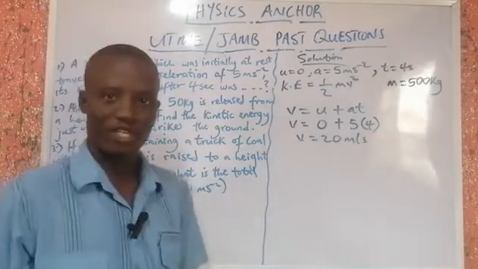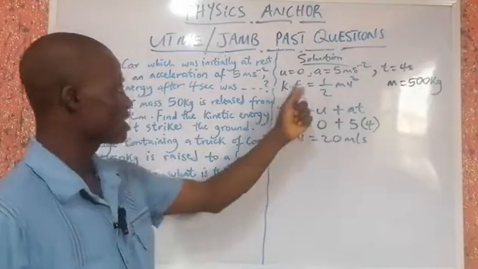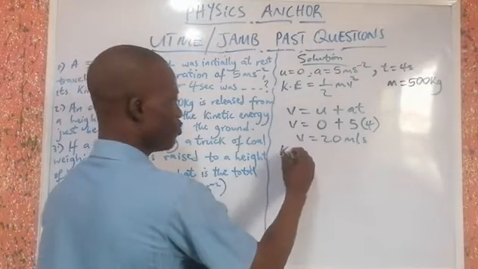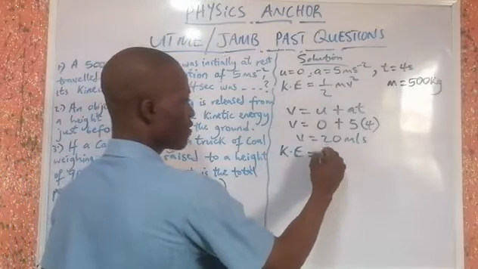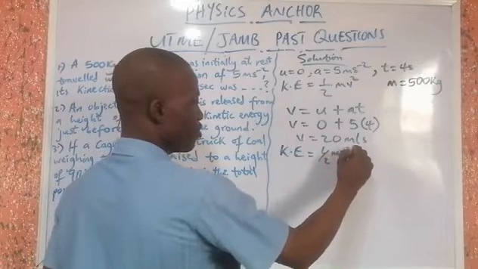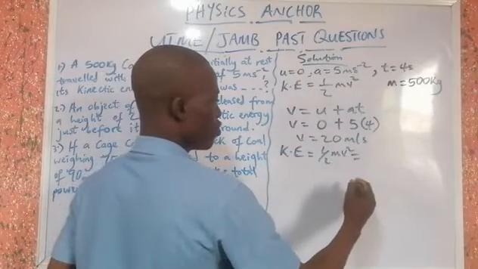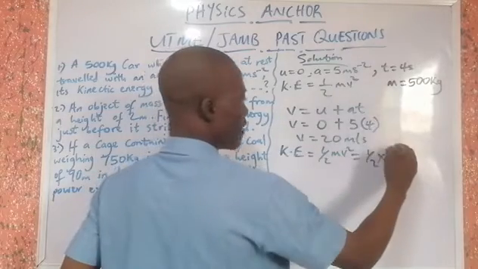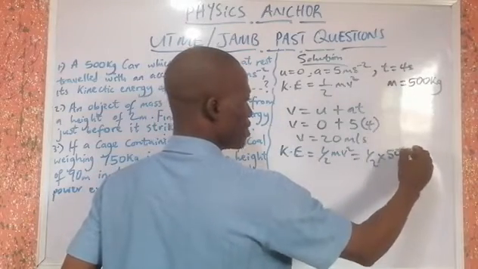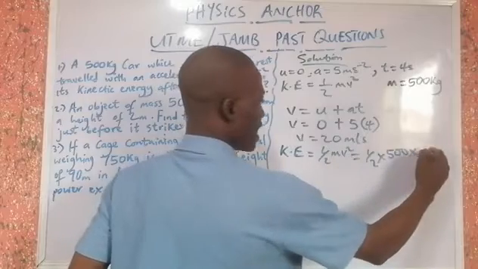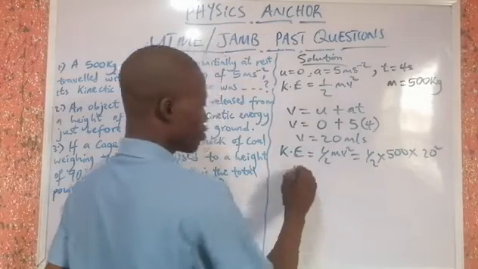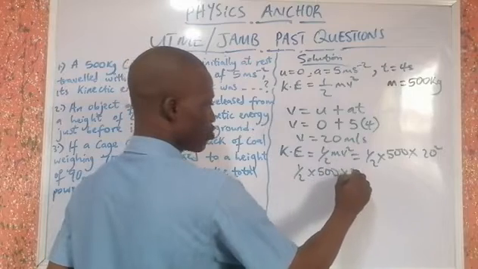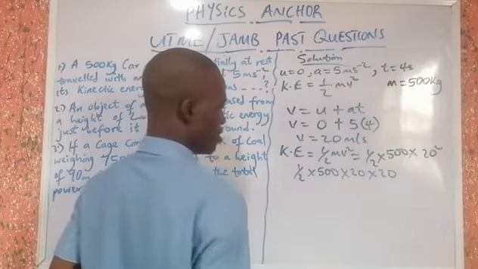Now that we have our V, we can go ahead calculating our kinetic energy. So our kinetic energy will be KE equals half mv square as written. So we have half times mass, which is 500, times v square, that's 20 square. So half times 500 times 20 times 20.